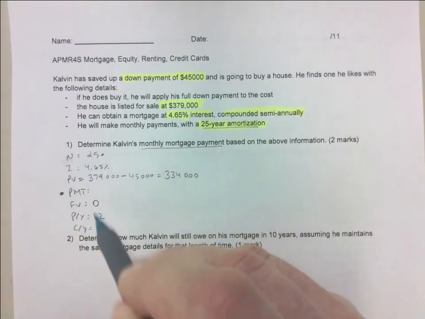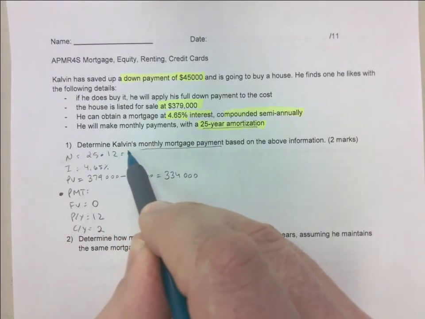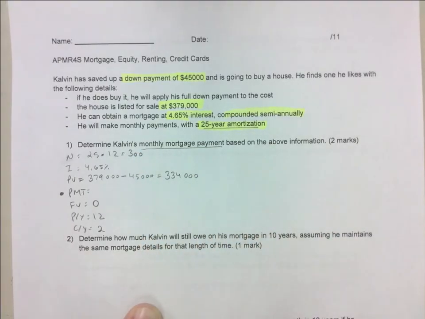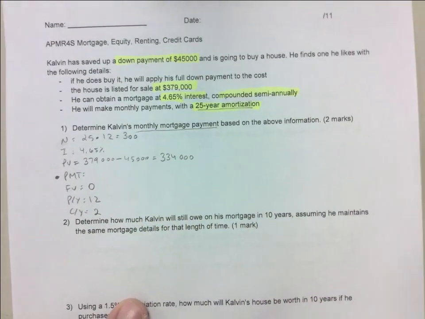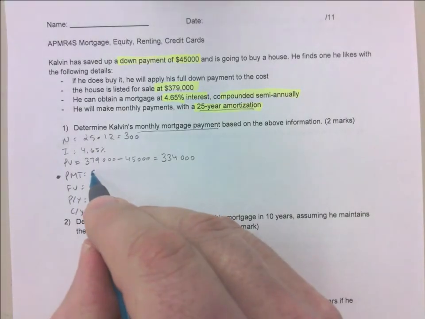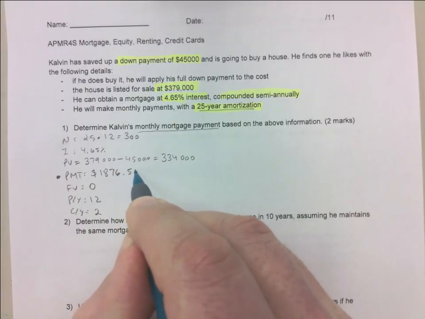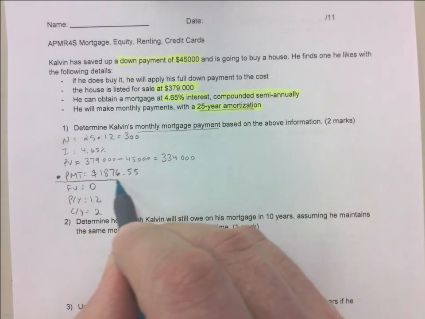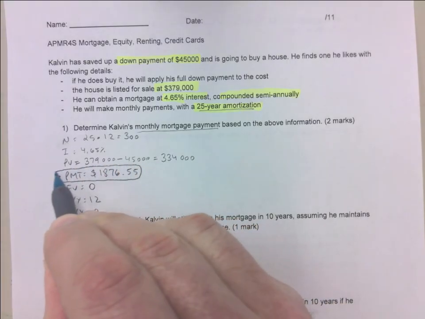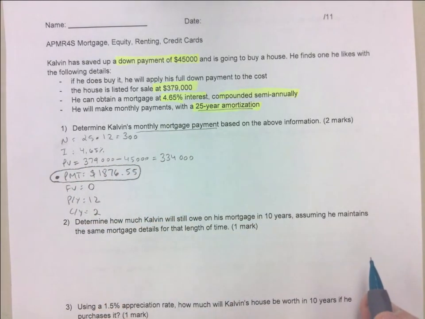It's going to take 25 years, so we multiply that by PY, we get 300. Okay? And then when you solve that, here it is, you're going to get 1876.55. 1876.55 is your monthly mortgage payment.